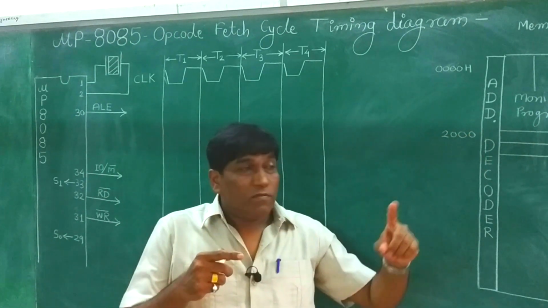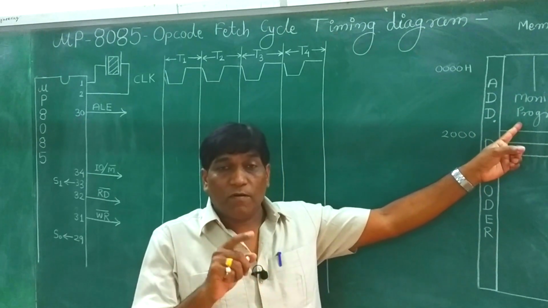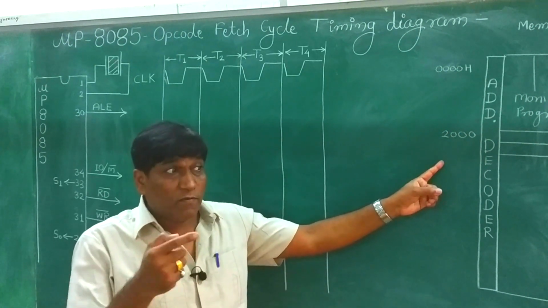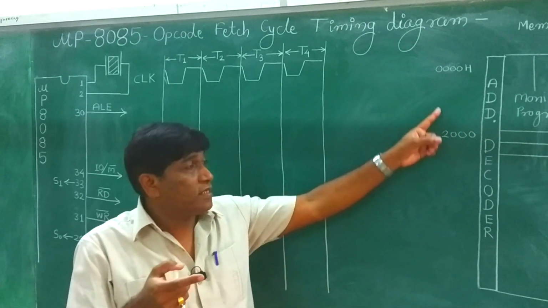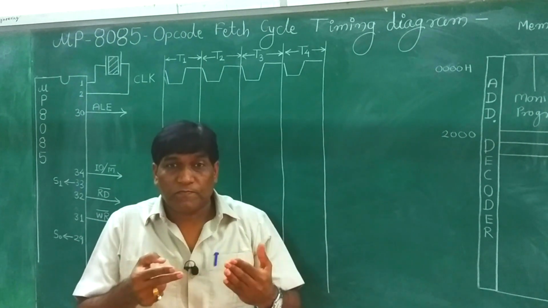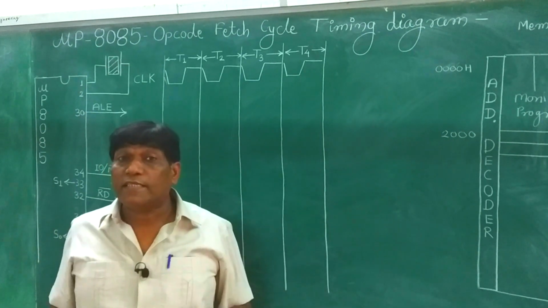So every time this monitor program or operating system of the computer is checking whether some key is pressed or not, whether some input is generated at the input port or not. And depending on the input received by the processor, further activity is decided.